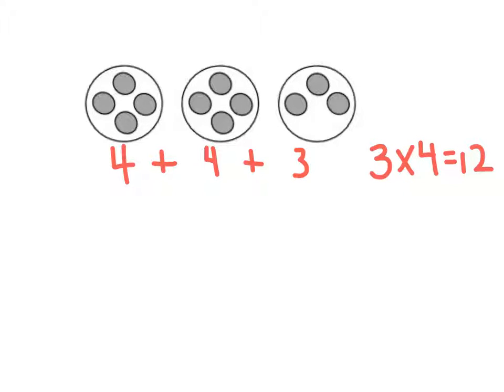The most important rule is you can only do multiplication when the groups are equal. These groups are not equal. Multiplication is only represented when my groups are equal. If the groups aren't equal, you can't make a multiplication sentence out of it.